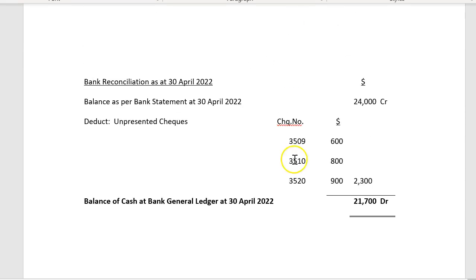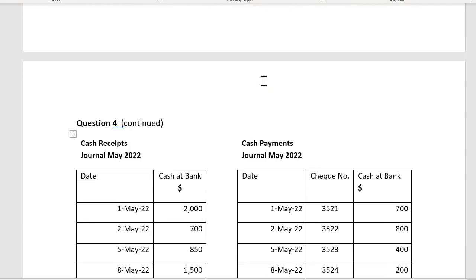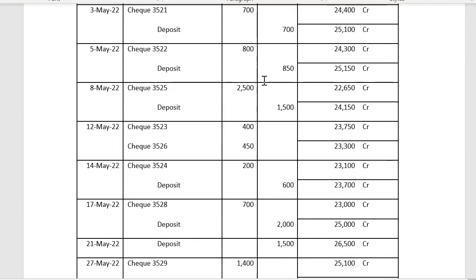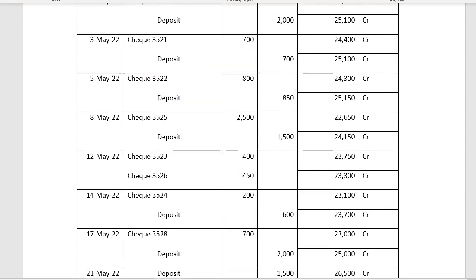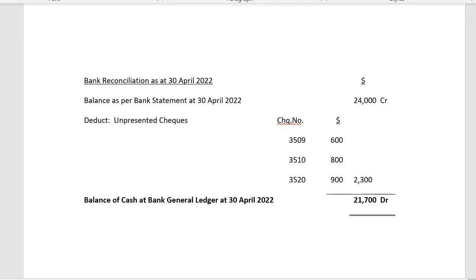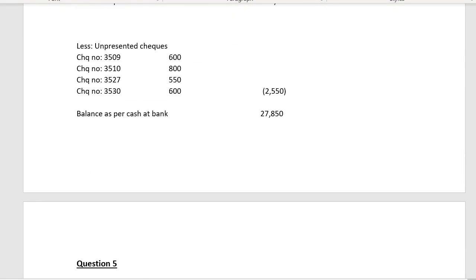Next, let's check 3510, 800. Is it recorded by the bank? As you can see, it's not processed by the bank yet, so it is still unpresented. You minus that amount.